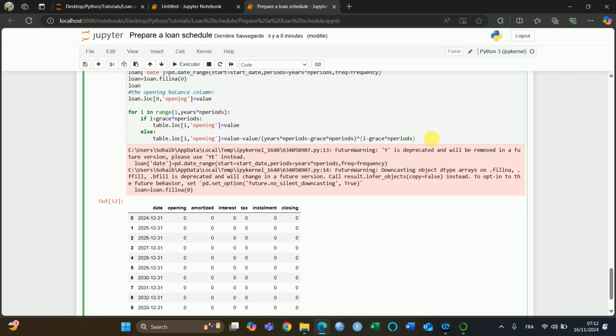Which means each time the opening balance will decrease according to the number of periods it has been amortized.